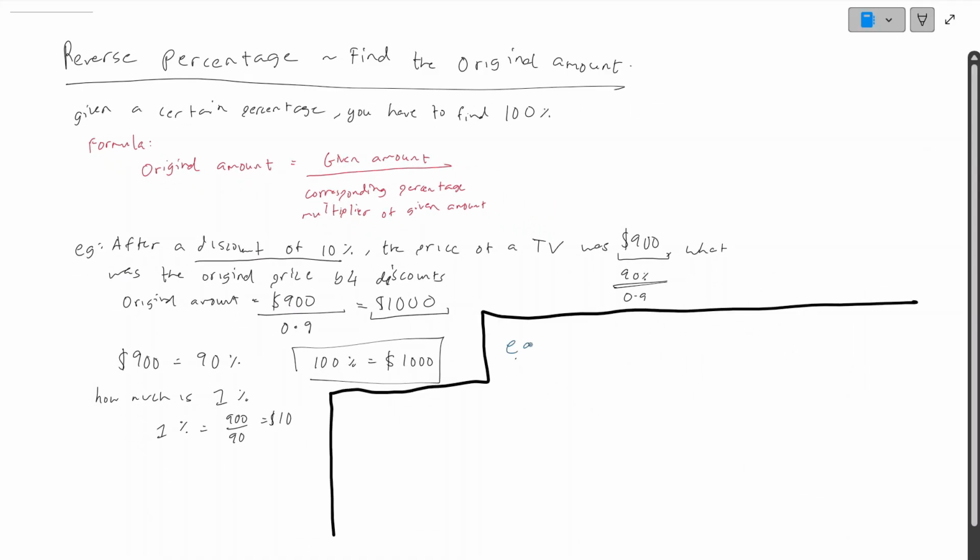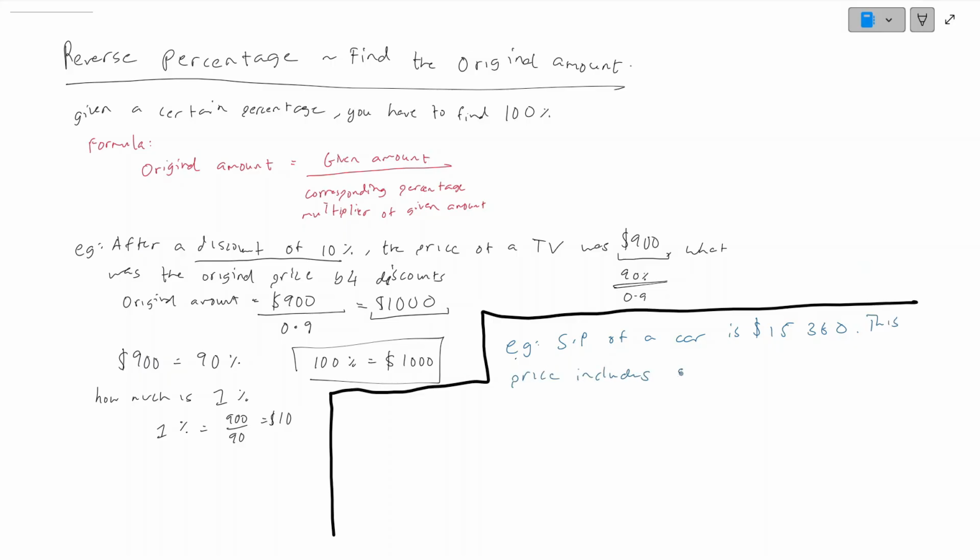Let us take a look at another example where suppose the selling price of a car is $15,360. This price includes a 28% profit. Then they ask you, what was the buying price or the cost of that car?